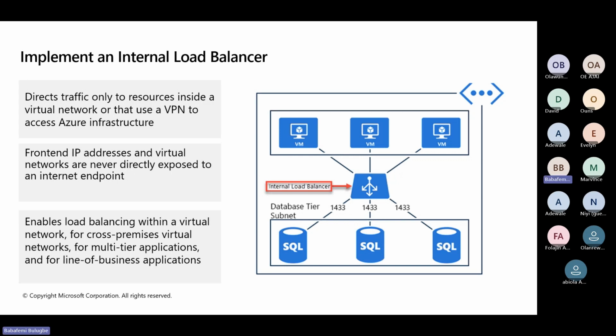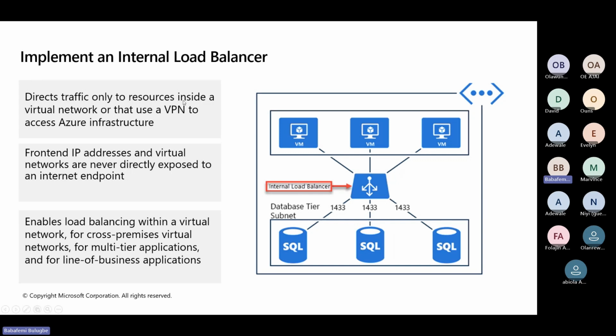So we need maybe the same number of database workloads, because if all these machines are picking from the same SQL instance, that might be a problem. The responsiveness, the speed, might be slow. So what we want to do is create additional database instances and split the traffic to those instances using our internal load balancer. And that is what this does.